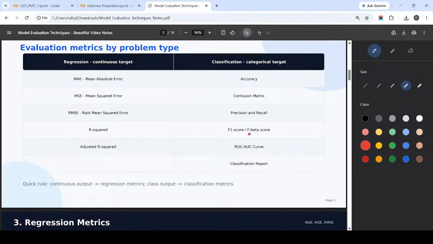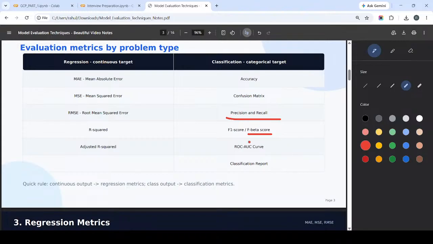Now comes the F beta score. There may be cases where we need to balance both precision and recall. So what is the F beta score? F beta score is the weighted harmonic mean of recall and precision.